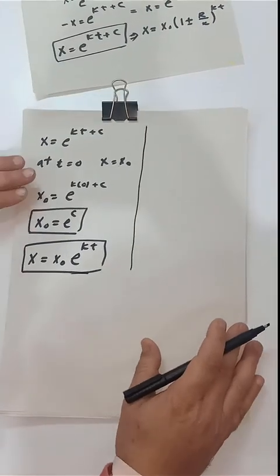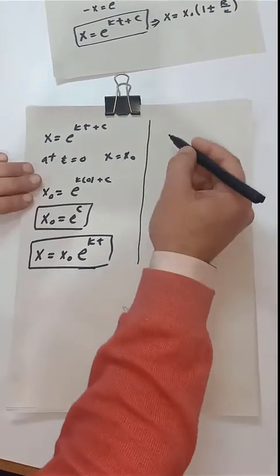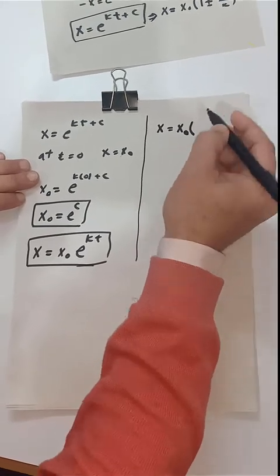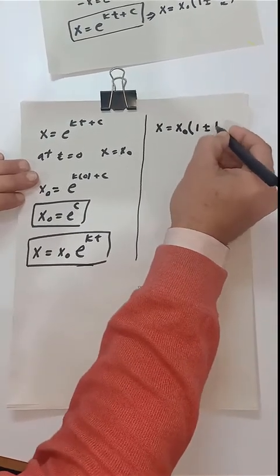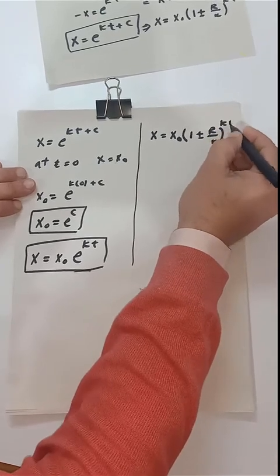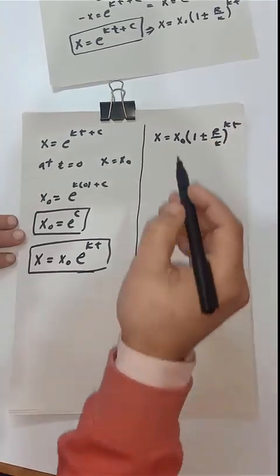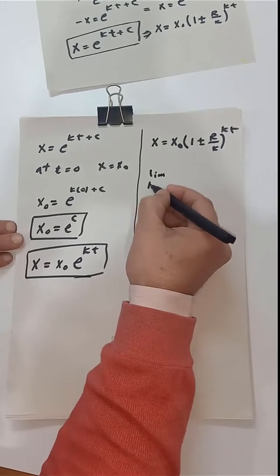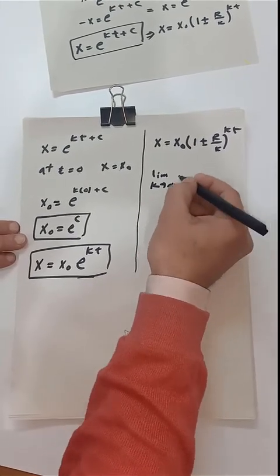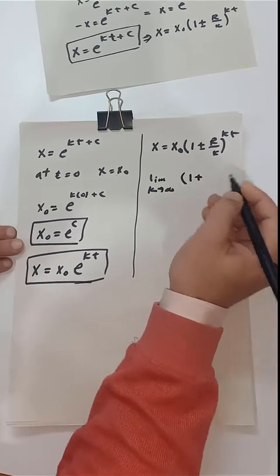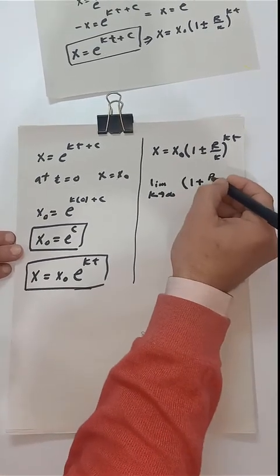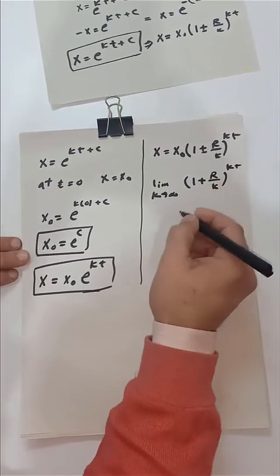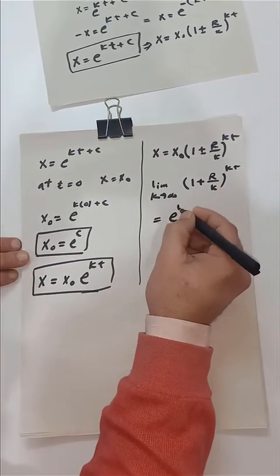What about the other formula? The other formula, x equals x dot times (1 plus or minus r over k) to the power kt. We learned before that as k tends to infinity, (1 plus or minus r over k) to the power kt equals e to the power kt.